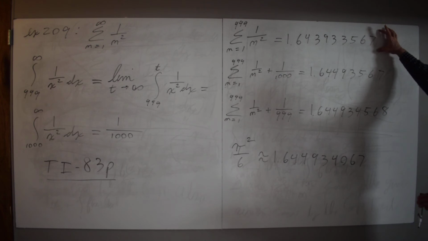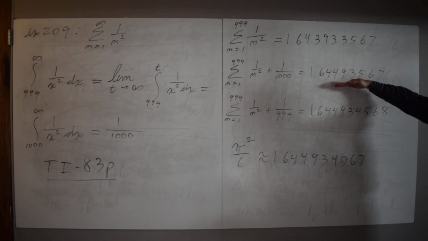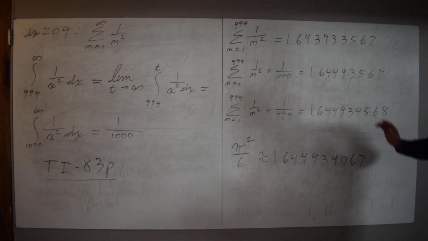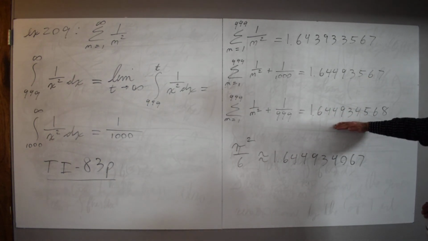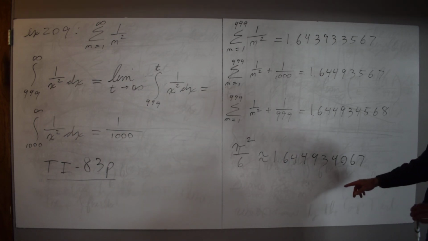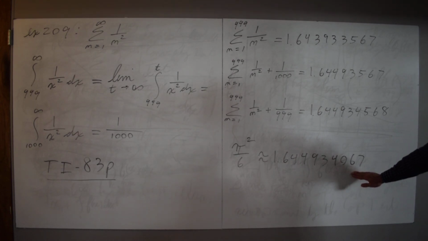So we've summed to 999, and we know the true sum is somewhere between this number and this number. And pi squared over 6, if it is not the actual sum, it is a very, very good guess.